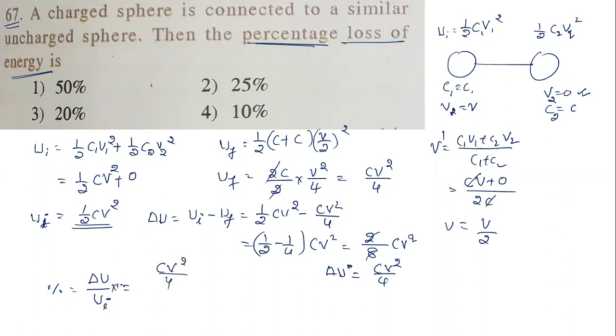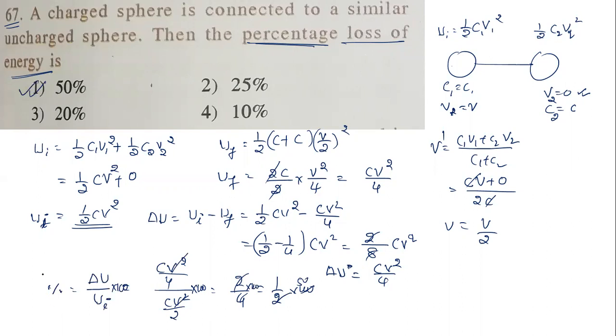We need to multiply this by 100, divided by initial energy, which is half CV square, or CV square by 2. Here CV square is going to cancel. It will become 2 by 4, which is 1 by 2. Multiply by 100, so it will be 50. So the answer is what now? 50% is the loss of energy.